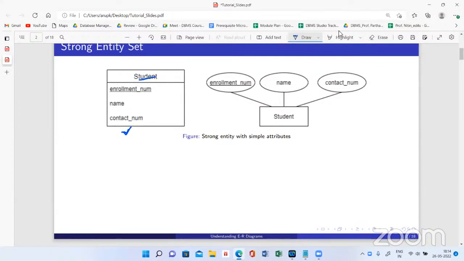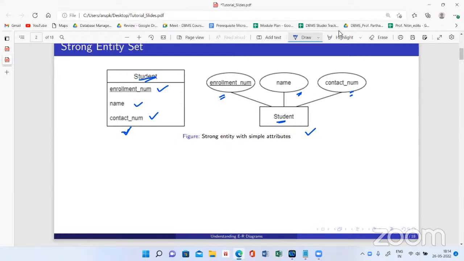Anyhow, this is my student. Student is the entity set name, which has the attributes enrollment number, name, and contact number. In the alternative representation, we put the entity set name in a rectangular box and these are your attributes.